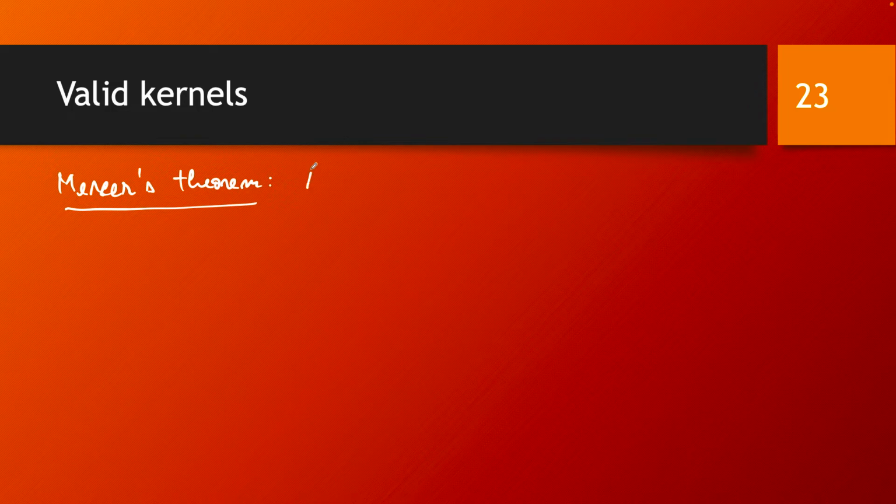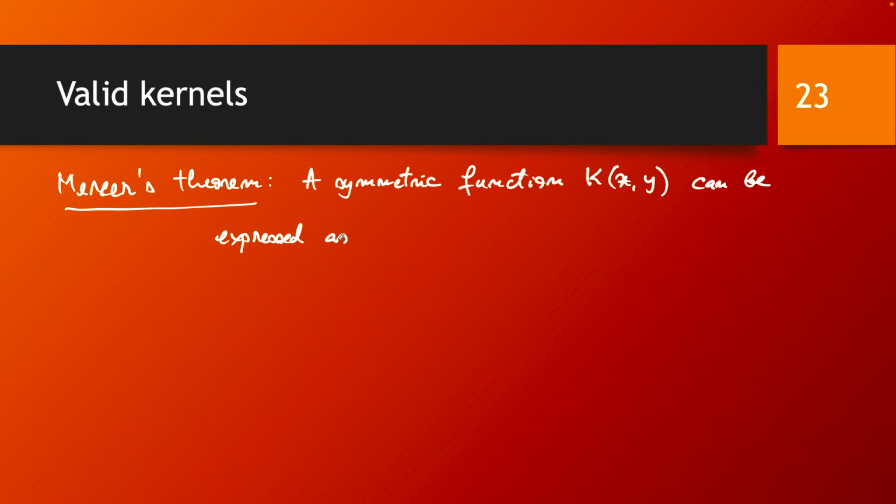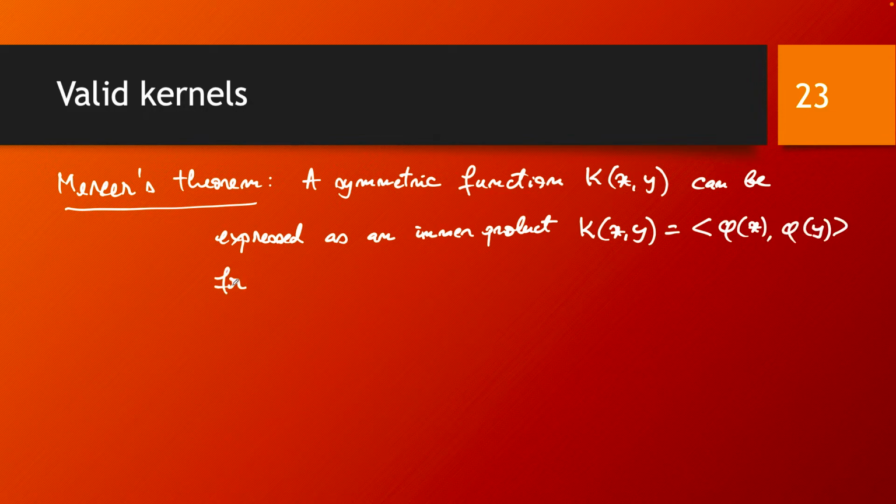And this says that a symmetric function k of x and y can be expressed as an inner product, k of x y equals phi of x, phi of y for some mapping phi, if and only if k is positive semi-definite.